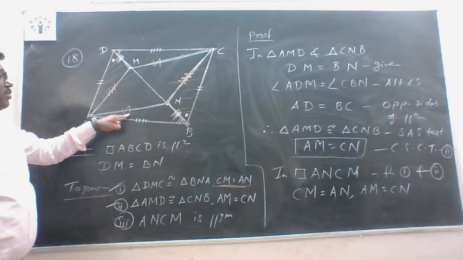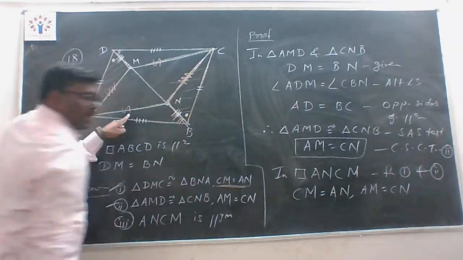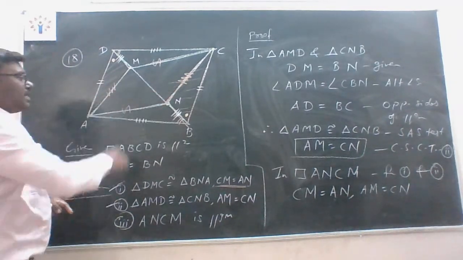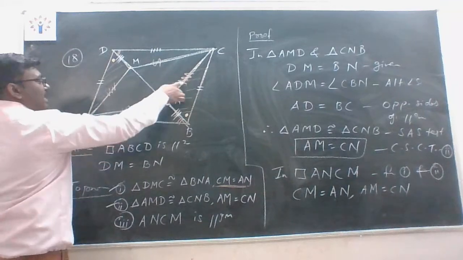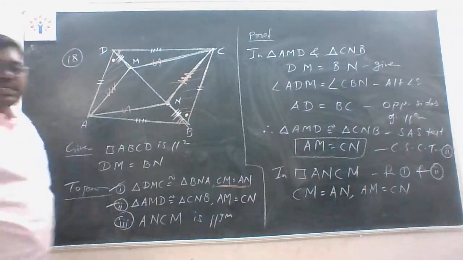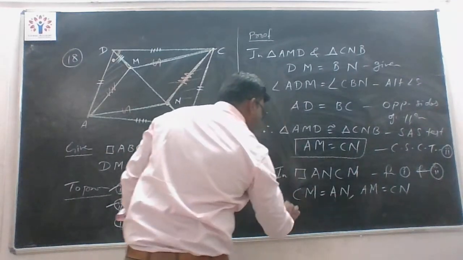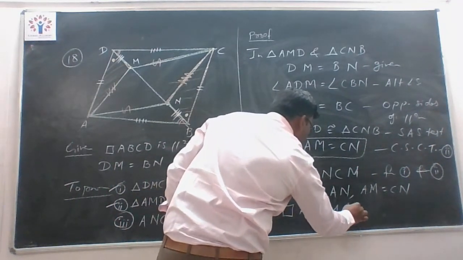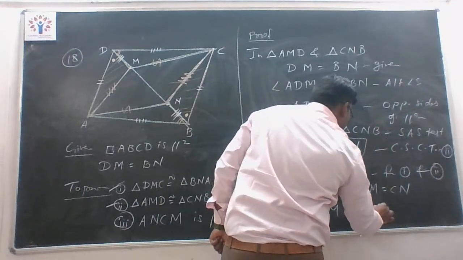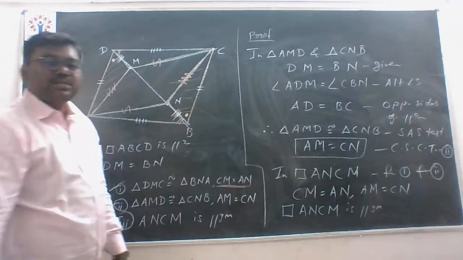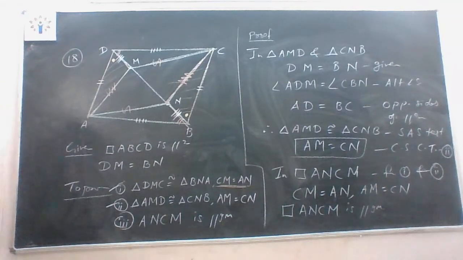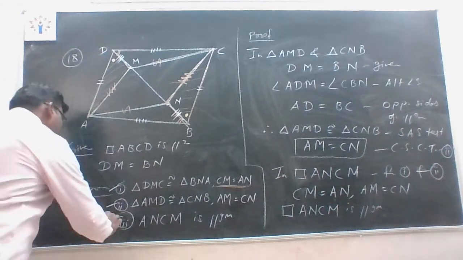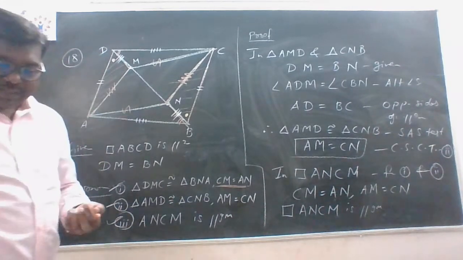These two are equal, CM and AN, and also these two are equal. So can we say the opposite sides of this quadrilateral are equal? Since the opposite sides of the quadrilateral are equal, quadrilateral ANCM is a parallelogram, because both pairs of opposite sides are equal. So here we completed the third part. Please copy this in your notebooks.